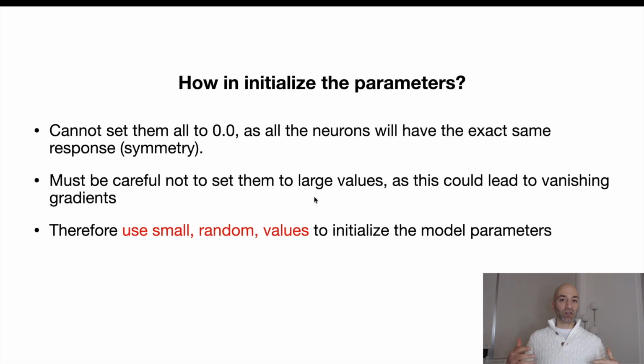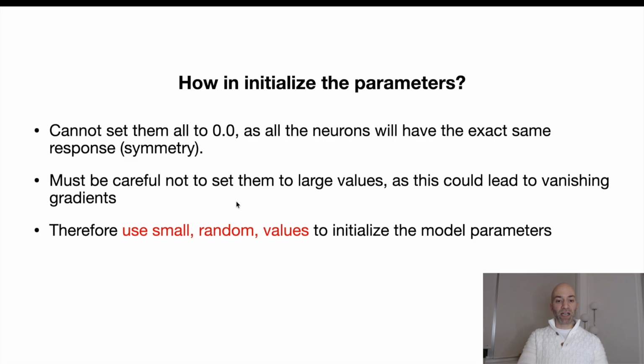And that in turn leads to very small gradients. And so we can encounter this problem called the vanishing gradients problem. It basically means that our model learns very, very slowly, if at all. So this can really affect performance, and we want to ensure that we avoid this.